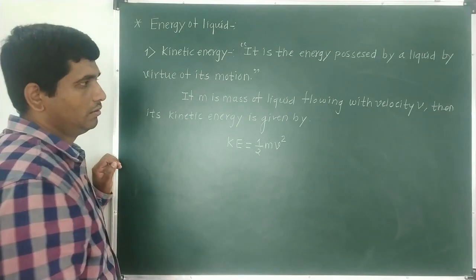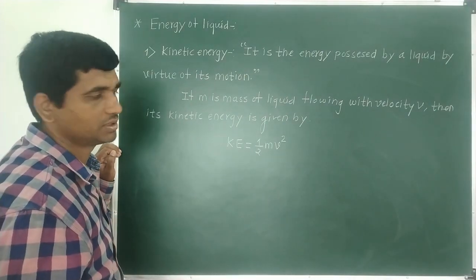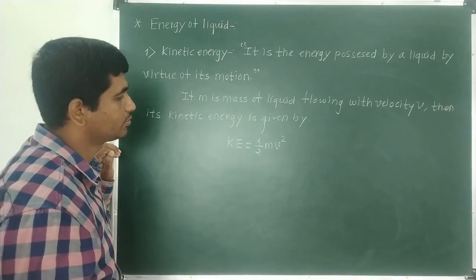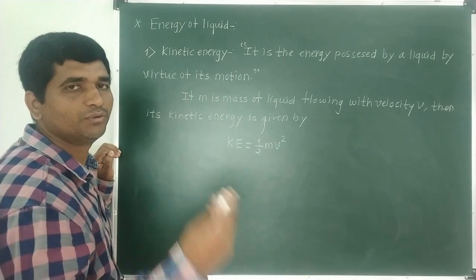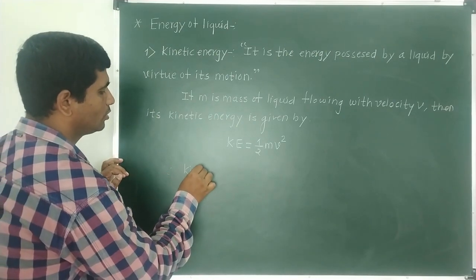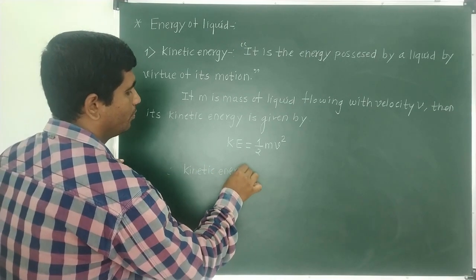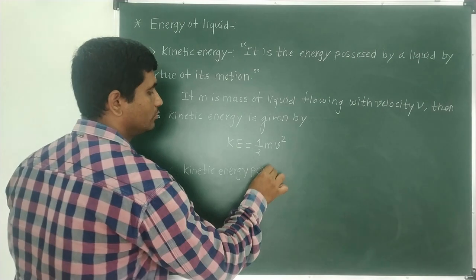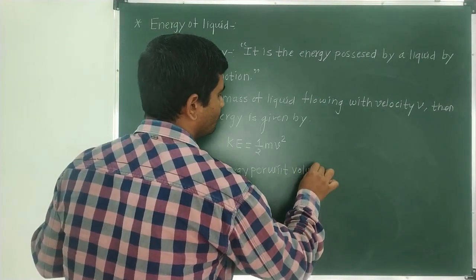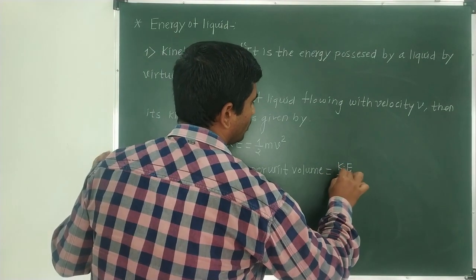Now it is for the total entire liquid. We cannot say what this quantity is exactly. So it is better to express this quantity in terms of per unit volume. Therefore, kinetic energy per unit volume is equal to kinetic energy upon volume.